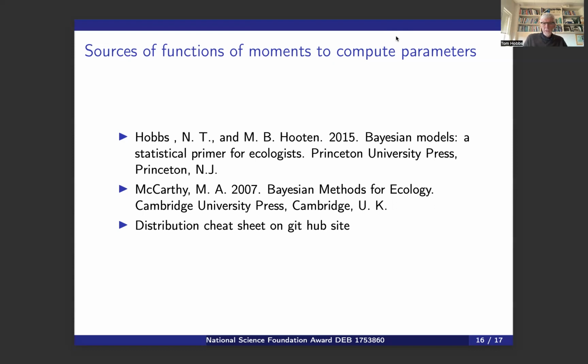It's in one of the appendices. Mick McCarthy has a similar table in his very fine book, Bayesian Methods for Ecology. And then on the GitHub website that I showed you earlier, there is what I call a distribution cheat sheet. It's a two-sided sheet that gives a lot of useful information on a toolbox of statistical distributions that are widely used to solve ecological problems.